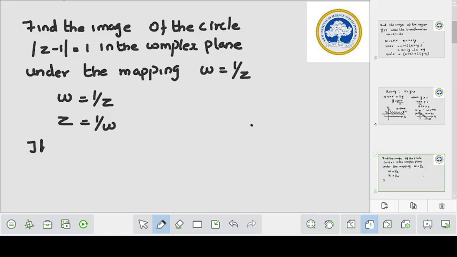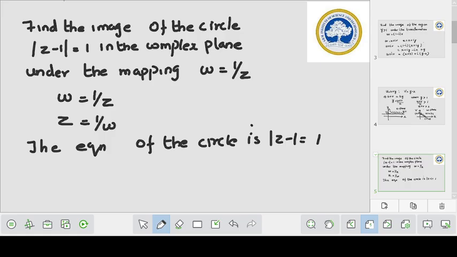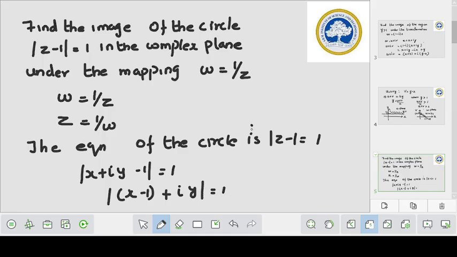So what is the equation of the circle? You are asked to find the image of the circle, no? So the equation of the circle is modulus of z minus 1 equal to 1. Put z equal to x plus iy. So modulus of x plus iy minus 1 equal to 1. When you separate it, modulus of (x minus 1) plus i y equal to 1.